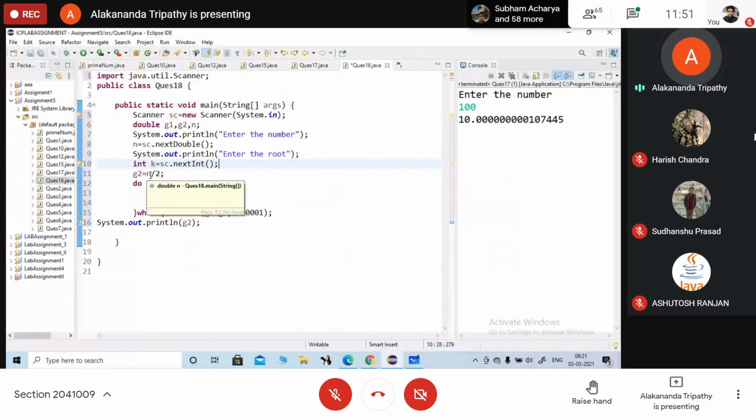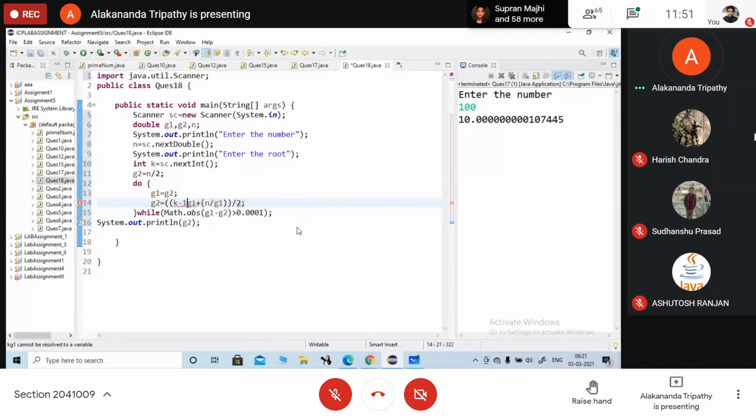G1 equals n by 2. The rest has just a small change. As we need to compute the kth root, this one will be k minus 1 into G1. And here n divided by, you can also use the power function, Math.pow.